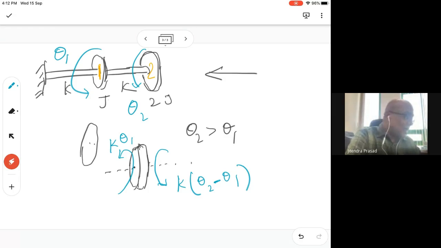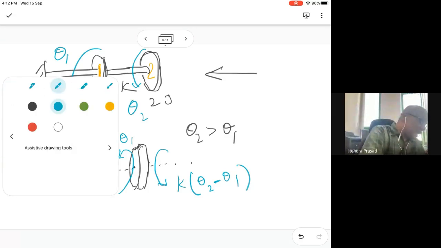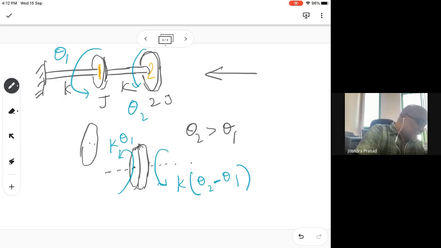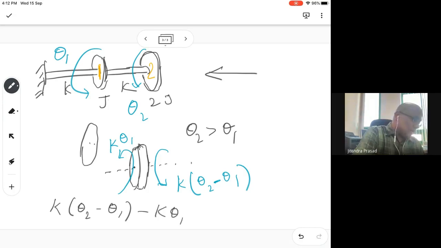So the net effect, the final equation you can write, will be k(θ2 minus θ1) minus kθ1. Both are k basically here.